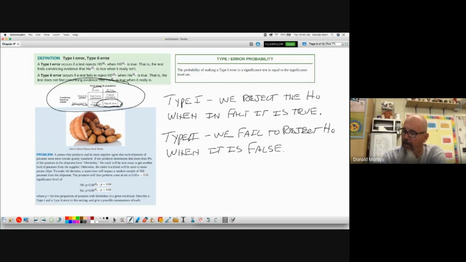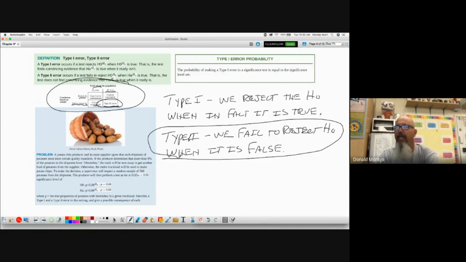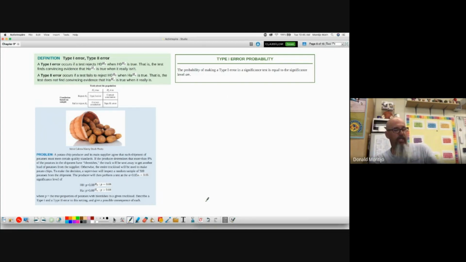And we know how to change the probability of making a type 1 error by fixing the alpha level. As we move through this, we'll look at how we can minimize the probability of committing a type 2 error. All right, so I'm going to erase this and let's take a look at an example so we can put this in context for type 1 and type 2 errors.